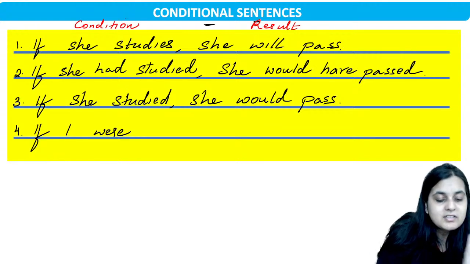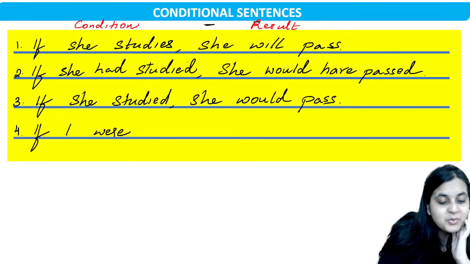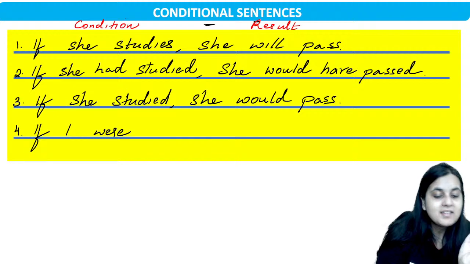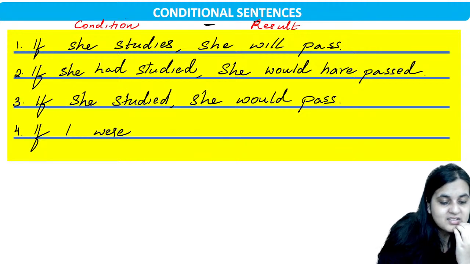If I were, guys, you don't want to be anyone. You don't want to change places with anyone. A rabbit. Why, Ishan? Why do you want to be a rabbit for a day? Nice.